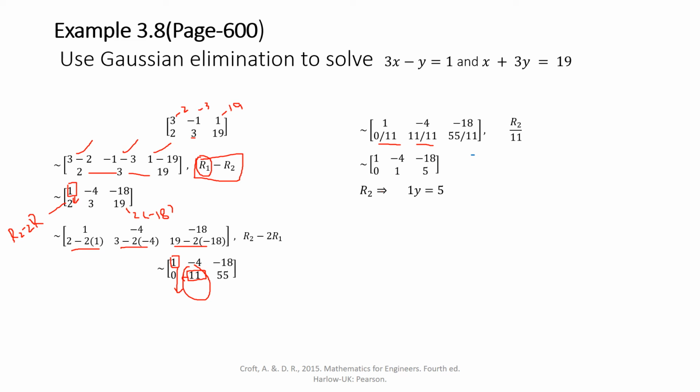Okay, so R2 y equals 5, and now we will plug in this y equals 5 in the first row, which will be 1x, and after plugging it, x equals 2. So exactly the same we did. We are done here. Now let's go to the next example.